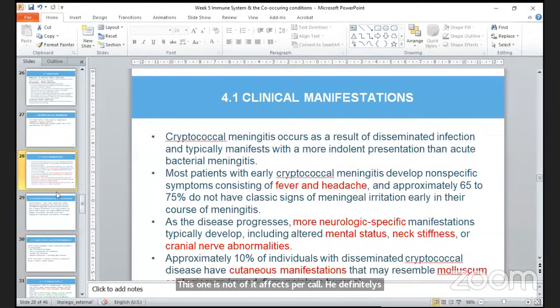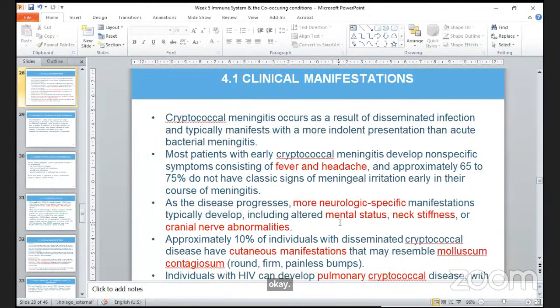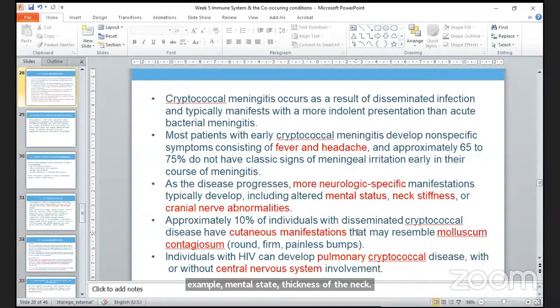Then we have some neurological specific cases, for example, change in mental status, stiffness of the neck, common even with the other meningitis, and cranial nerve abnormalities. We have cutaneous manifestations, those manifestations on the skin.